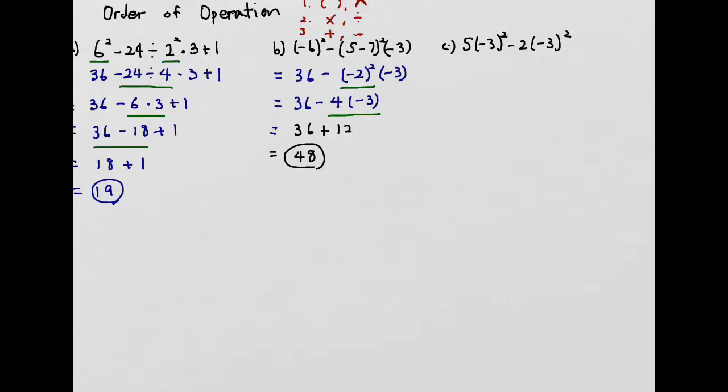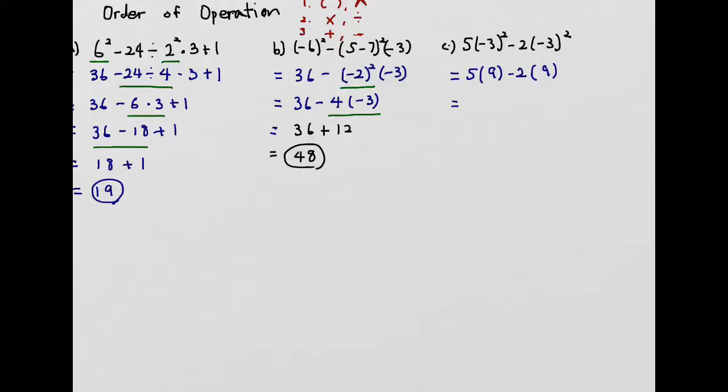C, 5 times negative 3 squared minus 2 times negative 3 squared. I see exponents, so we're going to do exponents first. You get 5 times 9, negative 3 squared is 9, minus 2 times negative 3 squared is another 9.